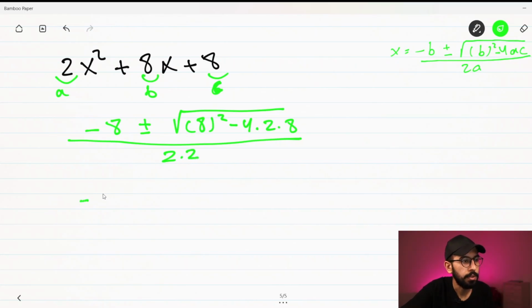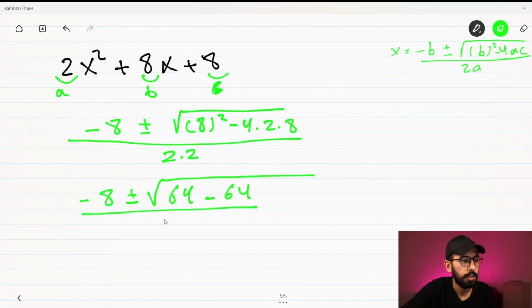That means we now have minus 8, positive or negative. We open the root, 8 squared, which is 64, minus 4 multiplied by 2, which is 8. 8 by 8 is 64, over 4.